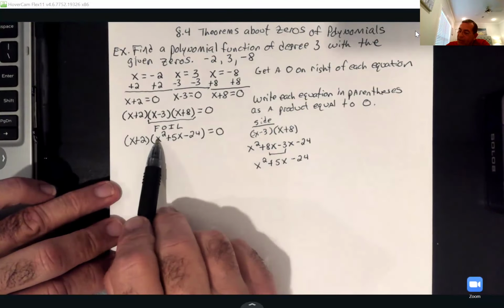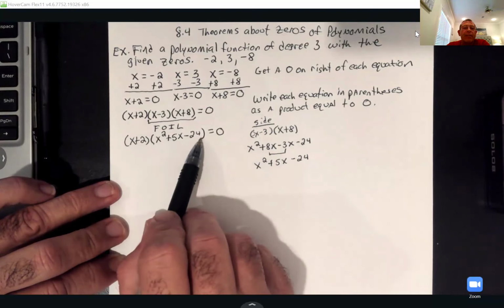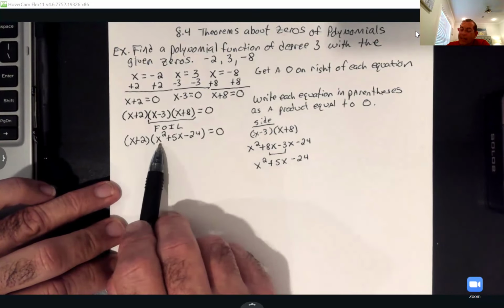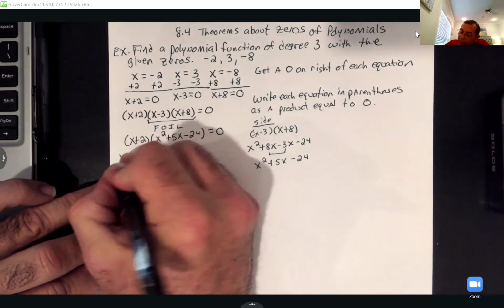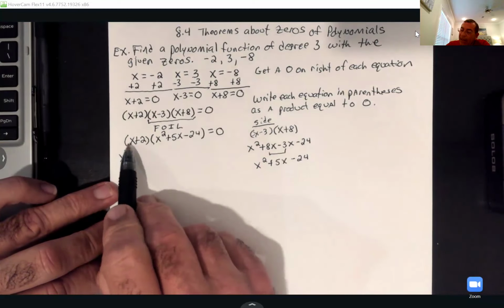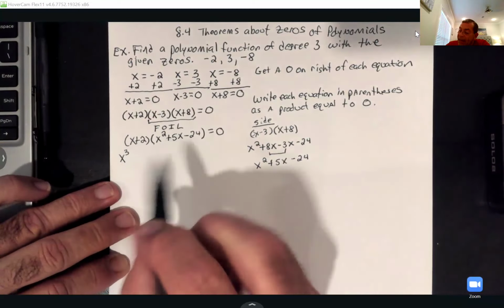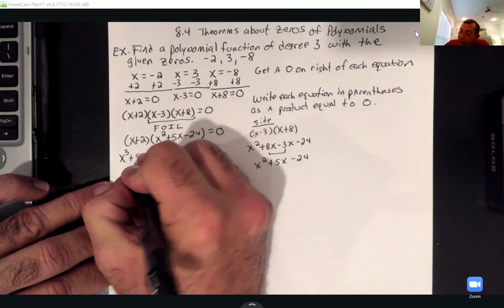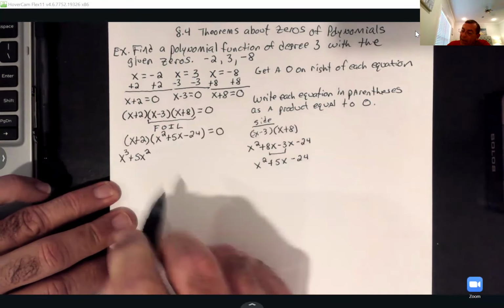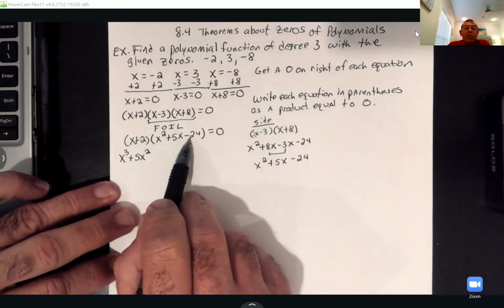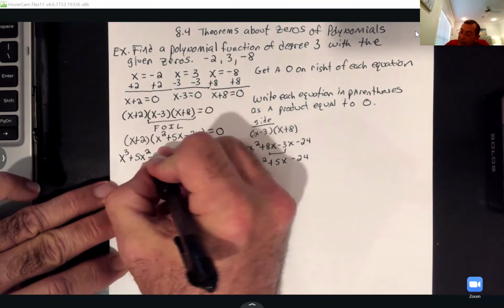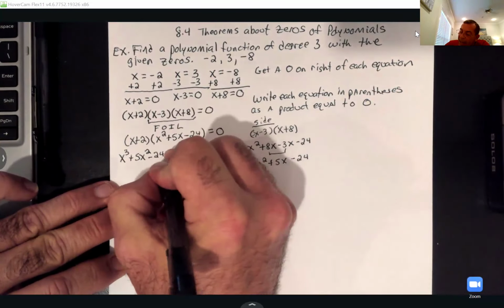So this x is going to multiply by all 3 of these. So x times x squared is x cubed. X times 5x is a 5x squared. X times negative 24 is a negative 24x.